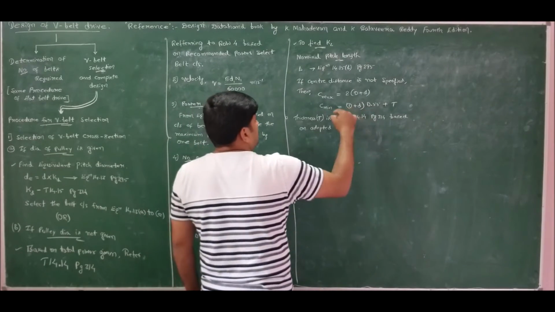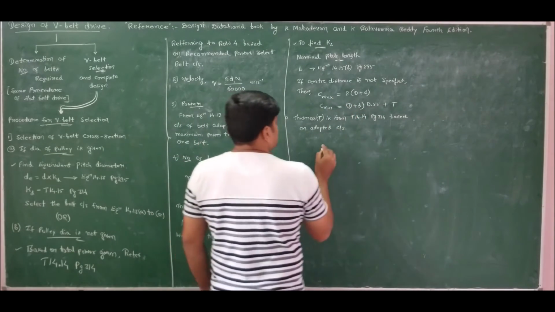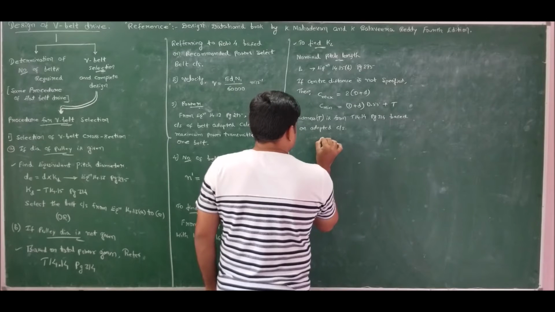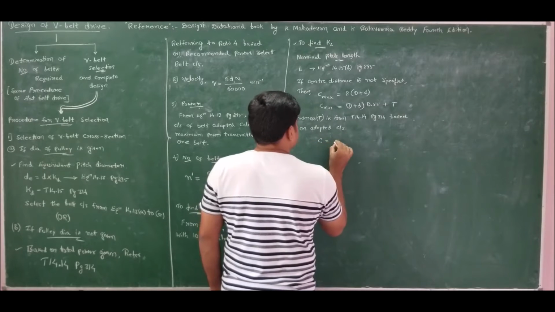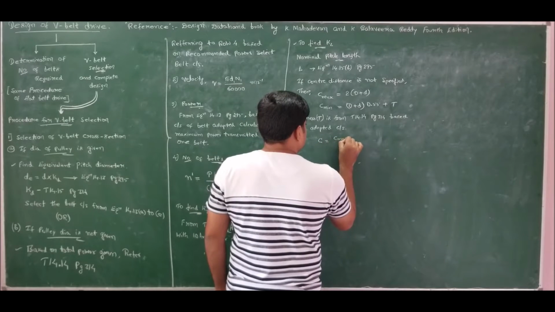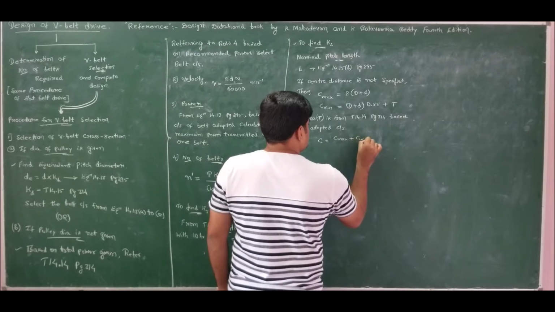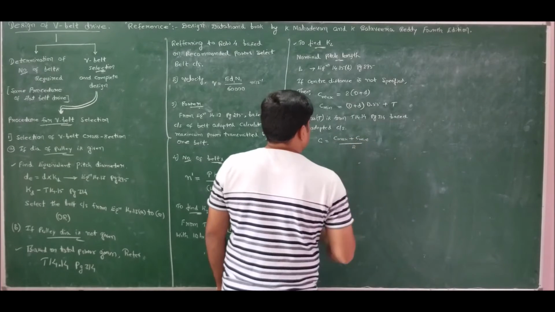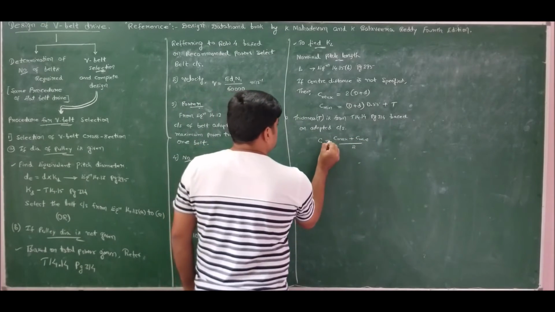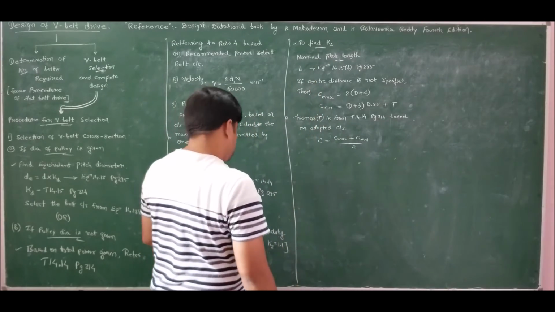Now you know all the values, we calculate C max and C minimum, therefore adopt center distance C as C max plus C min by 2. So now we can find the nominal pitch length.